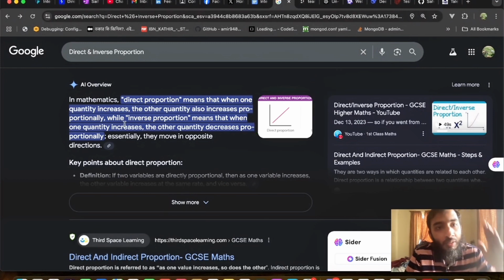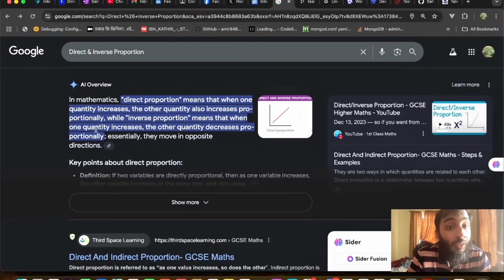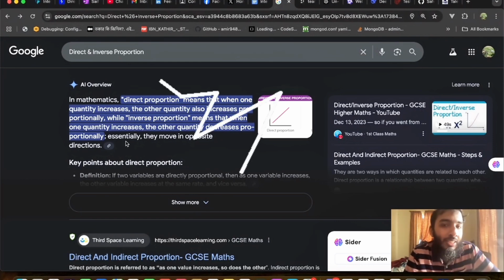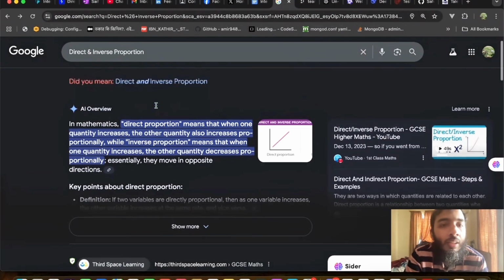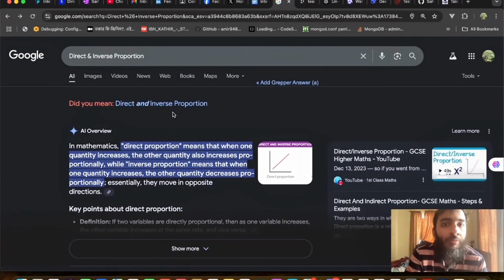And inverse proportion is exactly the opposite, when one quantity increases, the other quantity decreases proportionally, or essentially they move in opposite directions. So this is the core concept of direct and inverse proportion.